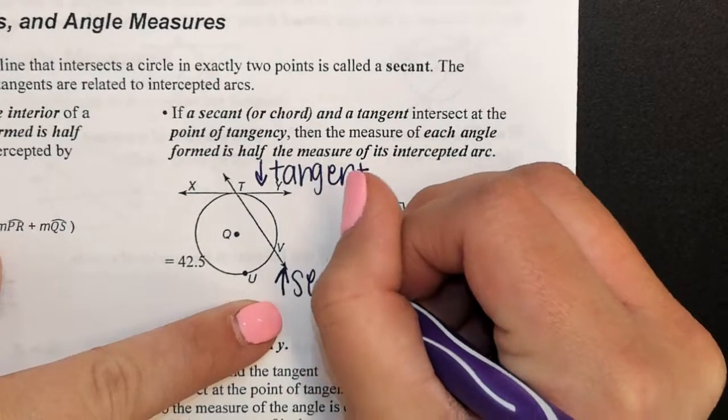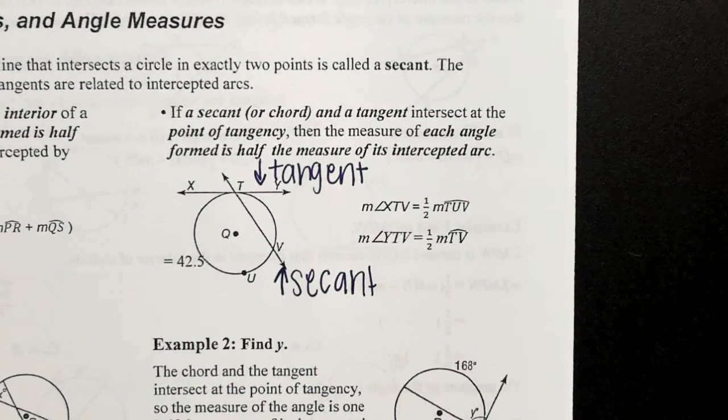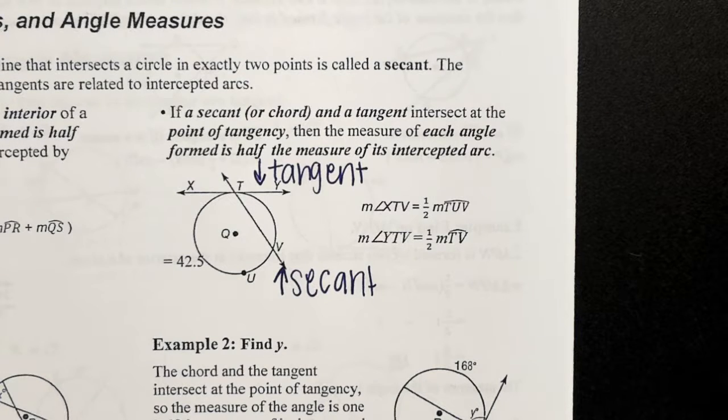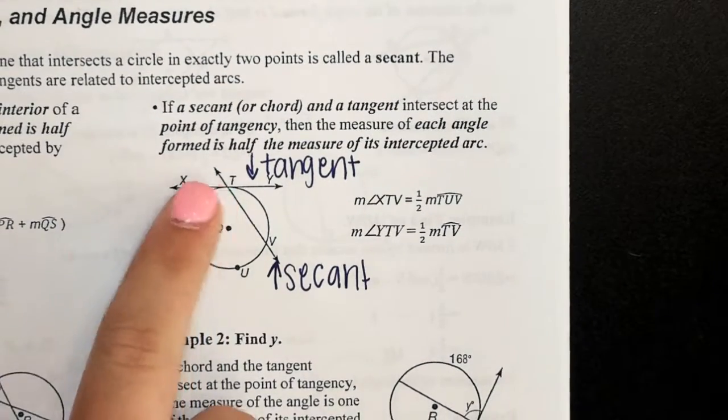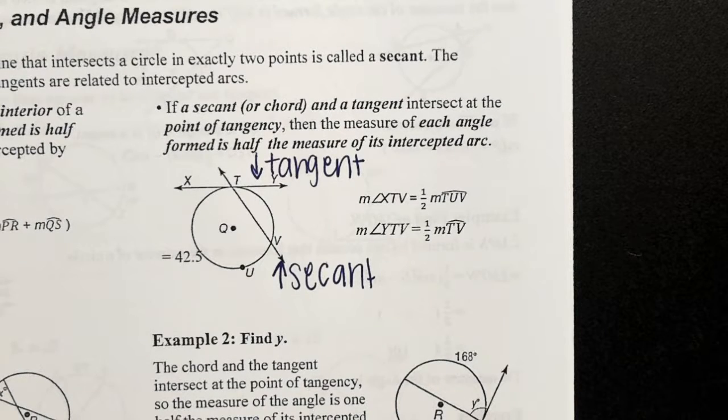Here's how I can help you remember these. Secant is a line that goes all the way through the circle. So it seeps through. Secant seeps through. Tangent, when you get a tan, do you see that on the inside or the outside? Outside. So tangent is on the outside because tan is on the outside. Or James had a really good one.